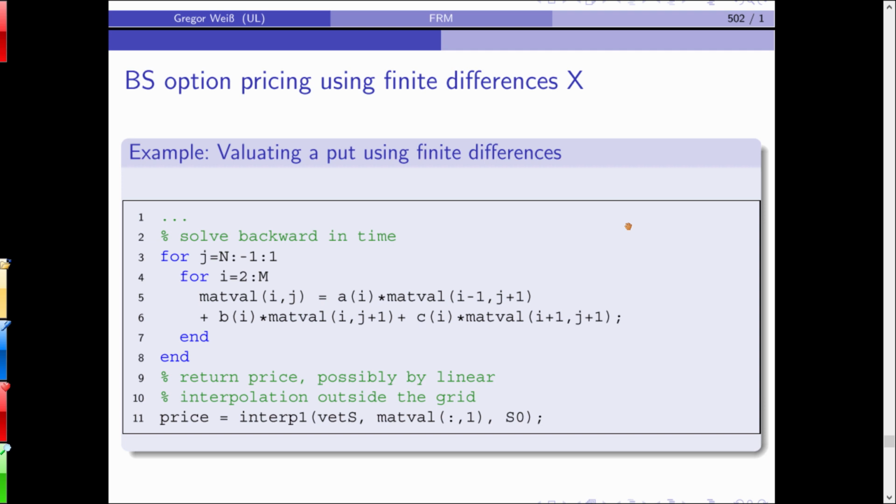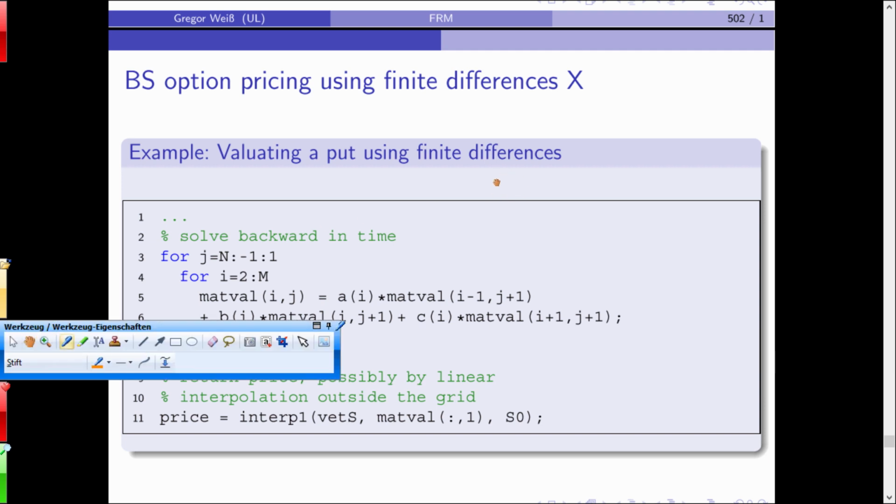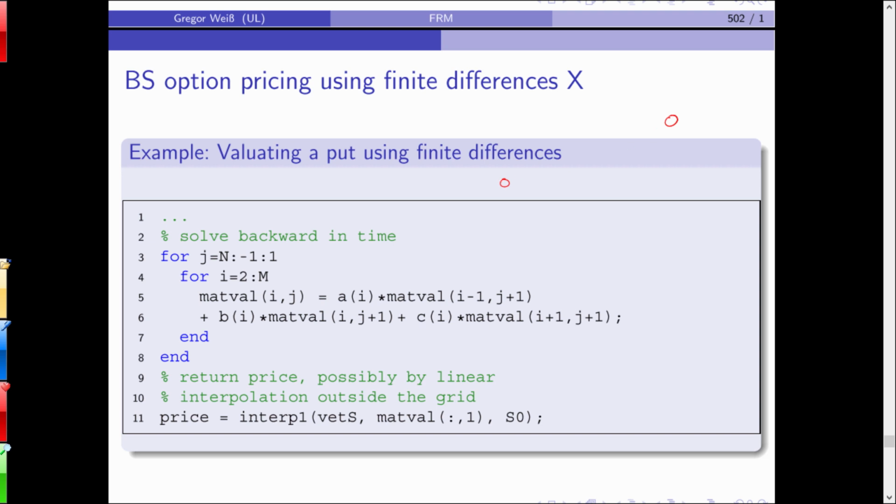And because it's a discrete lattice, you will have 2 prices, and this might not exactly match your starting stock price. So what you do is you interpolate, meaning you draw a line, or in this case a polynomial, between 2 points. So you have 2 points here, and you simply draw a line through it.